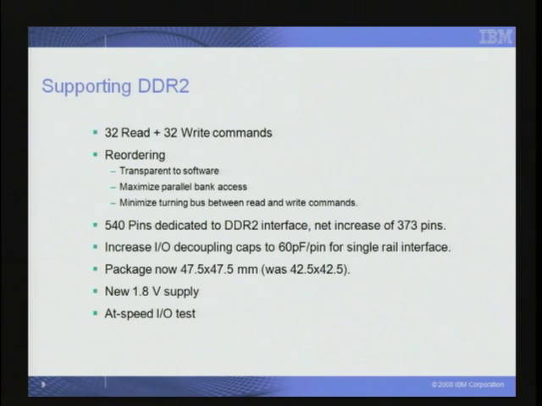Since all of the DIMMs are directly attached to the Cell BE, we have an increased pin count, up to 540 pins dedicated to the DDR2 interface. And so we continue to have about 25 gigabytes per second of memory bandwidth due to this number of pins. With that number of pins, as you'll see a little later, we had to grow our package, add a new supply, and add a whole bunch more decoupling capacitance to make this all work.